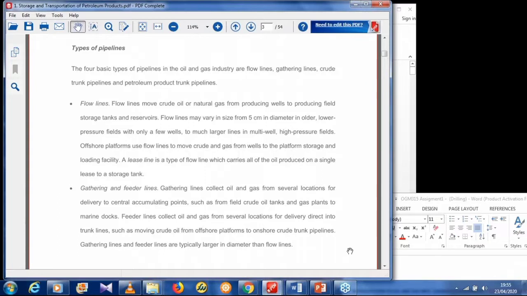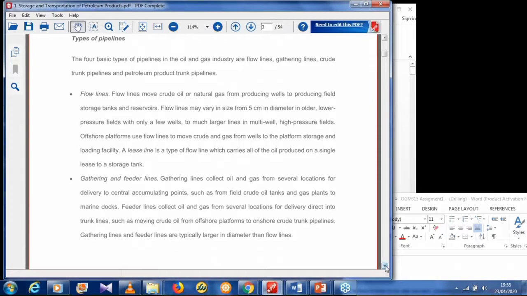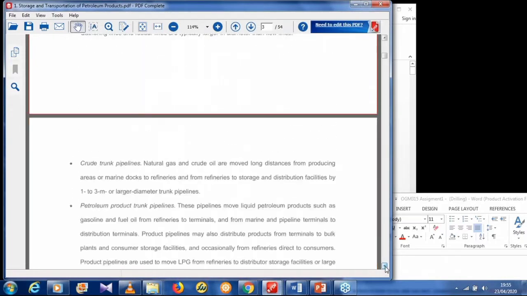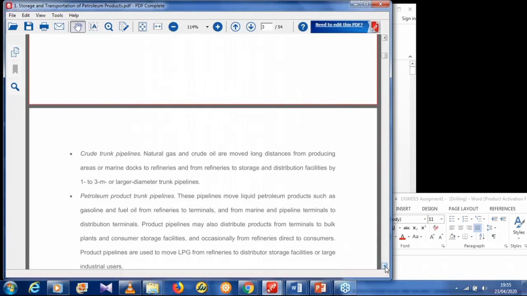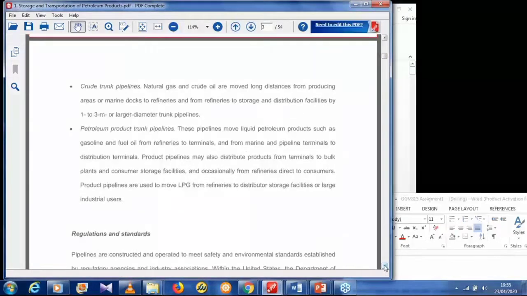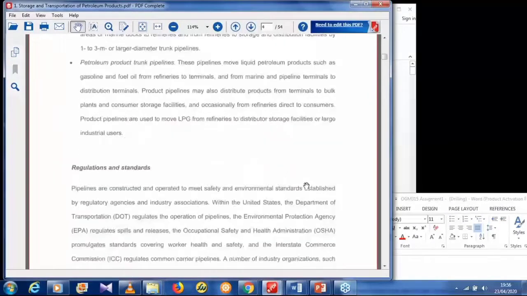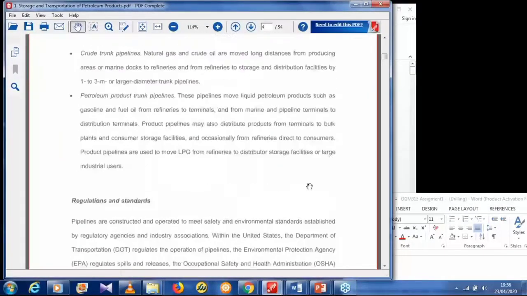All right. So from the gathering line, we now get connected to the trunk line. For the trunk lines, we have two types: the crude oil trunk pipeline and the petroleum product trunk pipeline. It is important to note that natural gas and crude oil are moved over long distances.